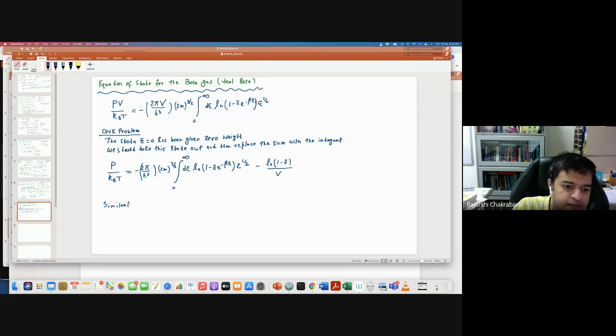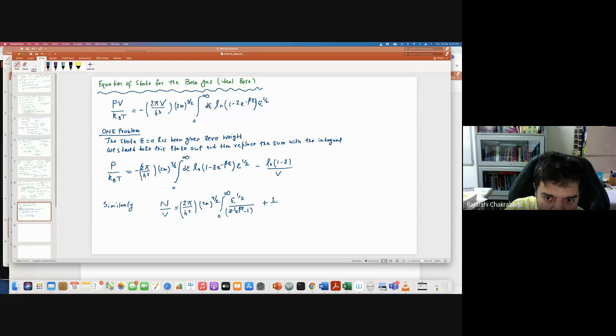Similarly, you do the same thing for your number of particles. So your number of particles N by V is actually, it has to be a positive quantity, of course. Go and check this expression. Then I have a term coming from epsilon equal to 0.